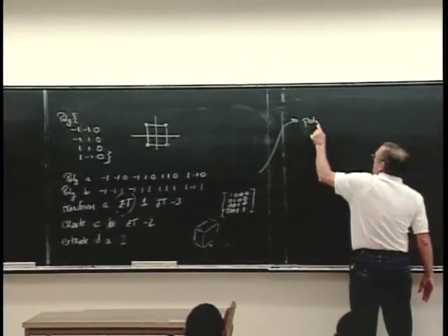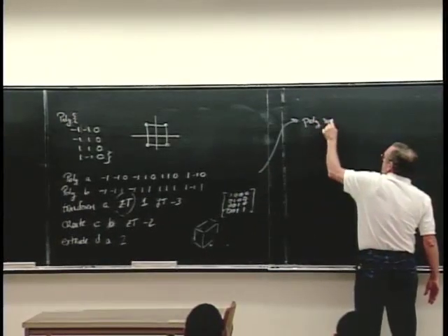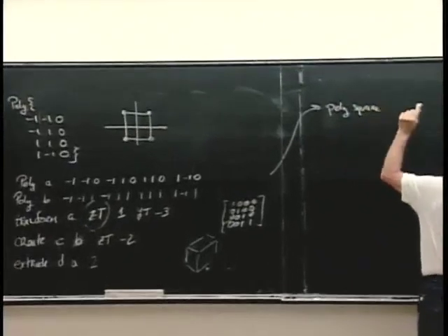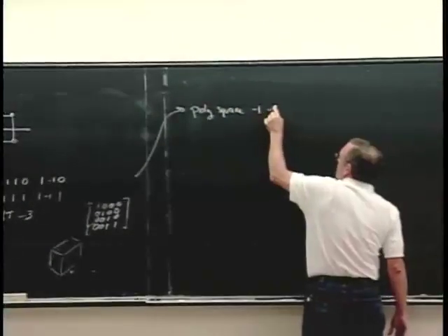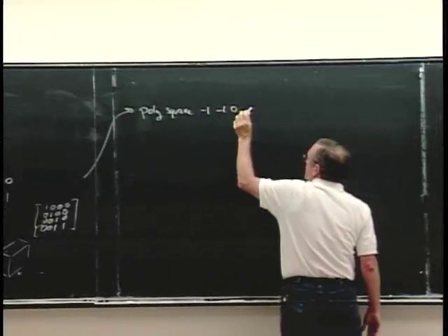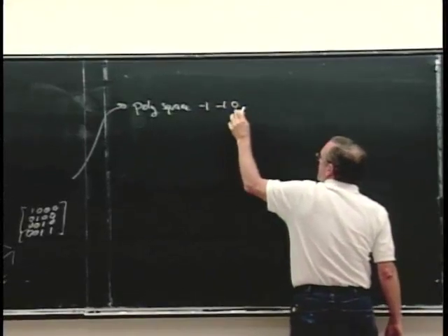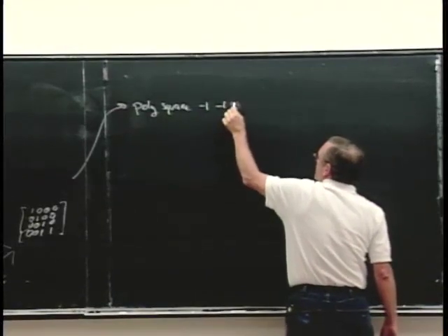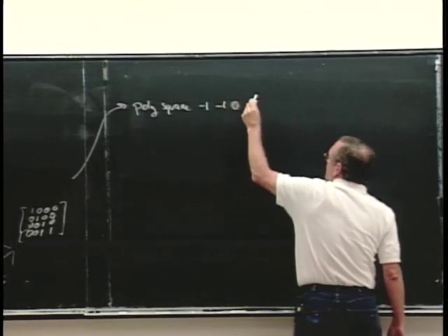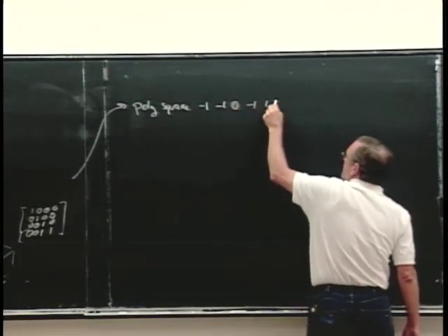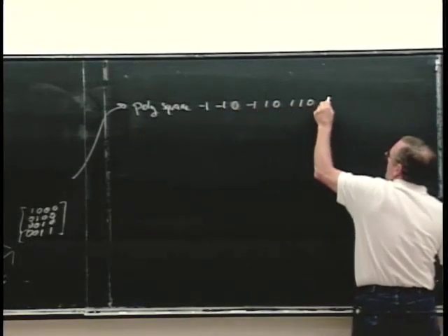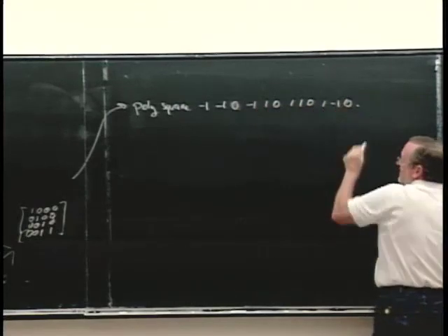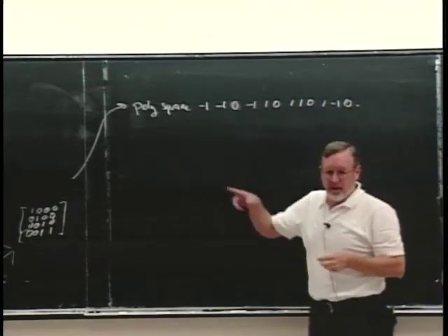Polygon, square, -1, -1, 0. I'll do 0. -1, 1, 0, 1, 1, 0, 1, -1, 0. Okay, something like this. So here's my original square.